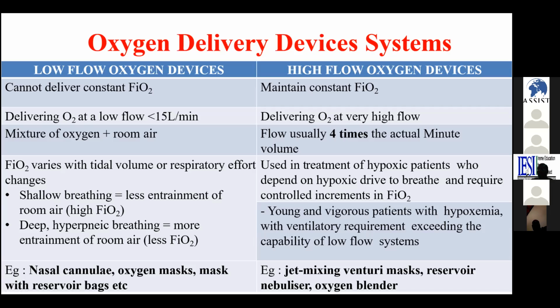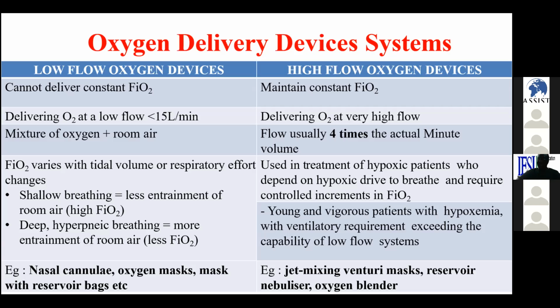But with high flow, because there is a kind of pressure on the patient's airway, this is really uncomfortable for our patients. Another thing I can say is that high flow delivers precise and constant oxygen. But low flow can't give precise oxygen.